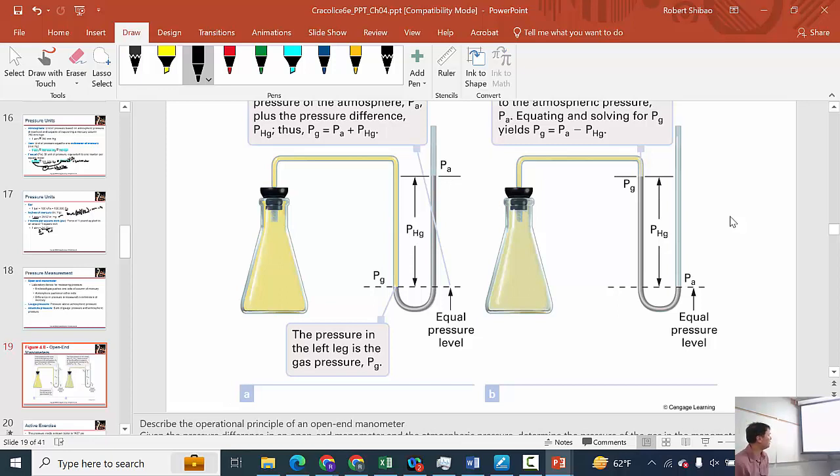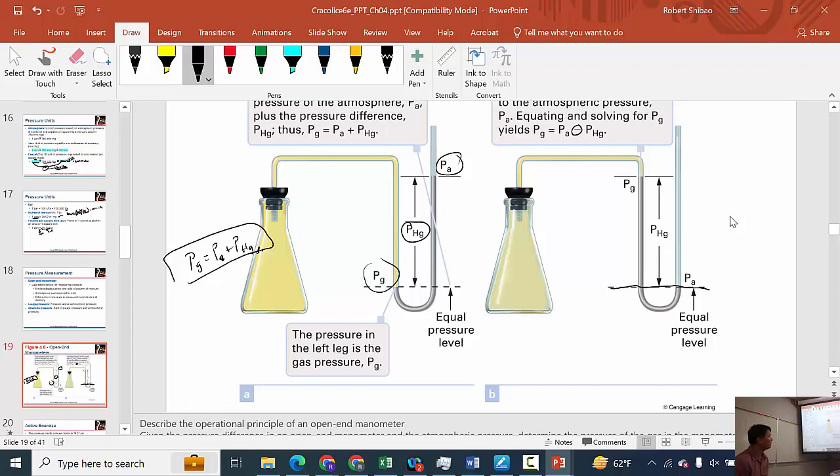Over here, PG, the pressure of the gas, is equal to the pressure of the atmosphere, PA, plus the pressure of the liquid mercury in millimeters of mercury, Hg liquid. Usually atmospheric pressure is represented in millimeters of mercury, so we end up with this equation here.